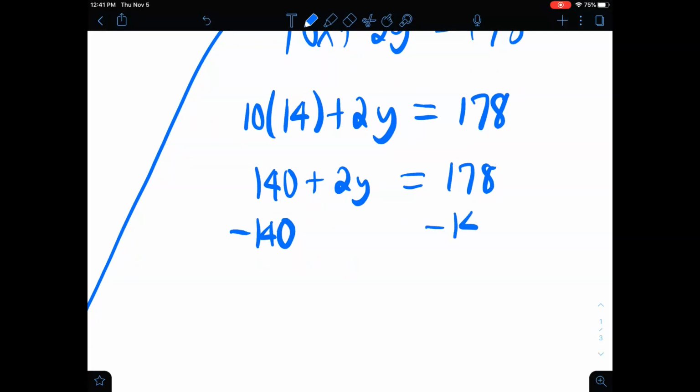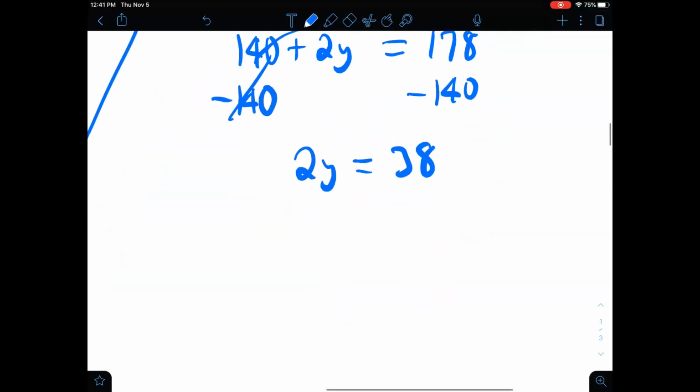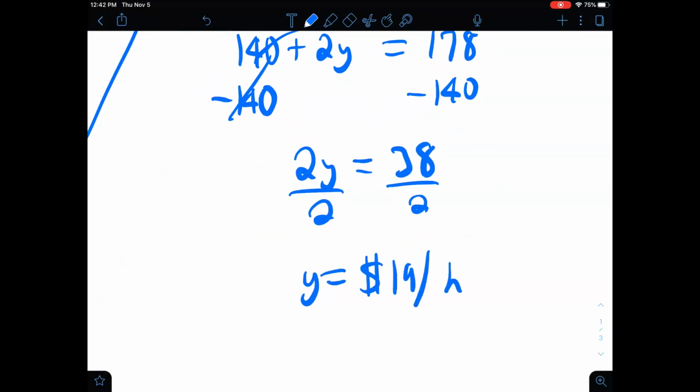Subtract 140 to get 2y by itself. 2y equals 38. Divided by 2, y is going to be equal to $19 per holiday.